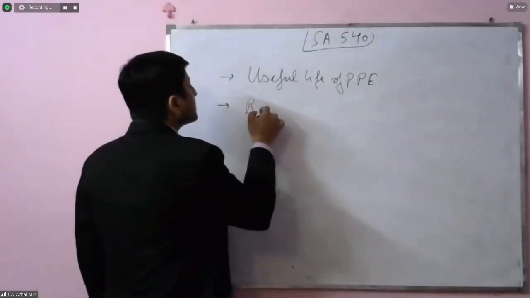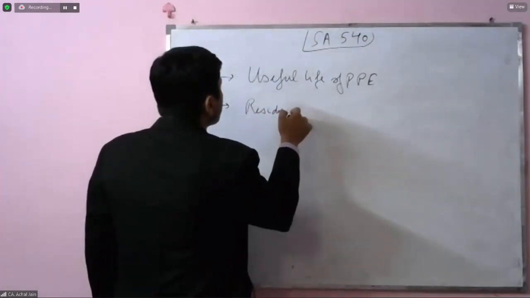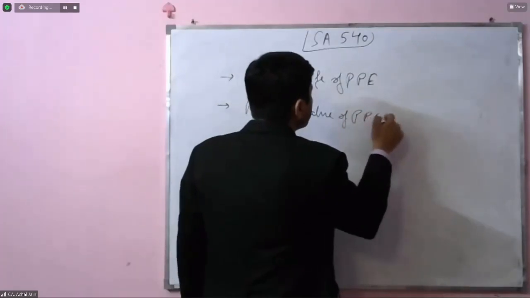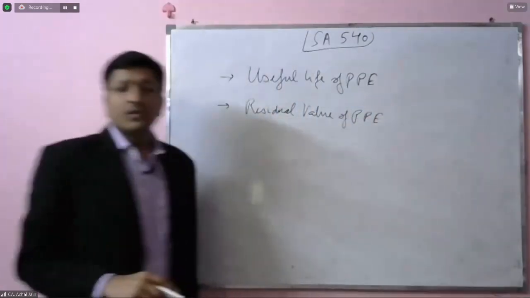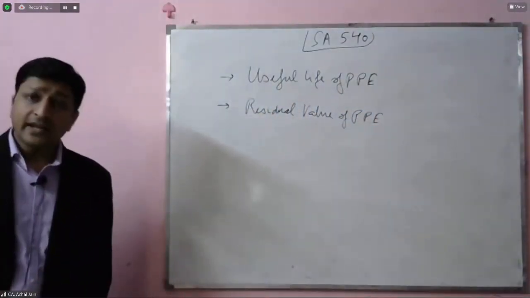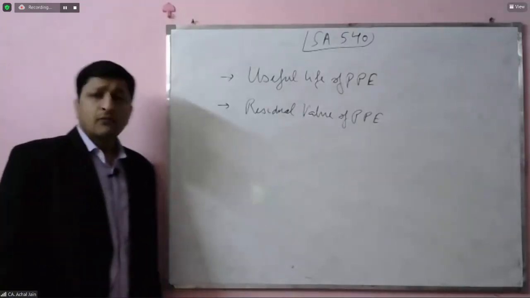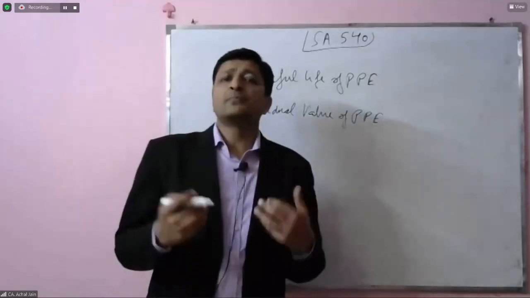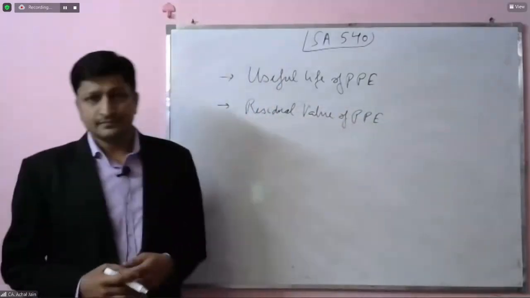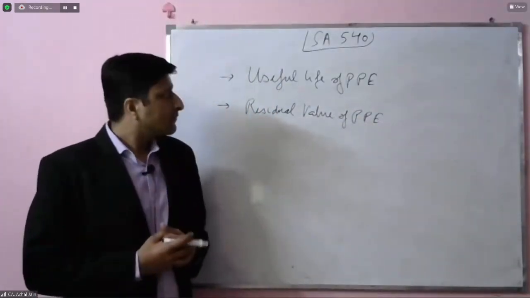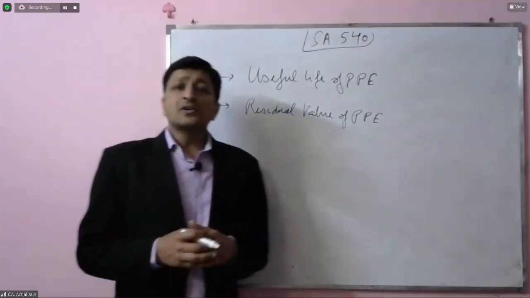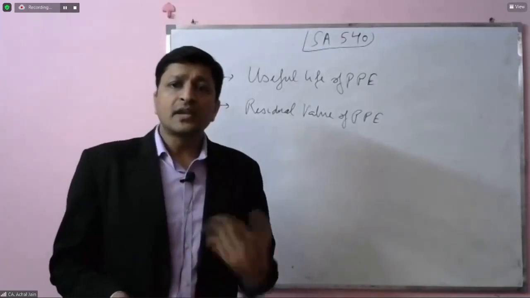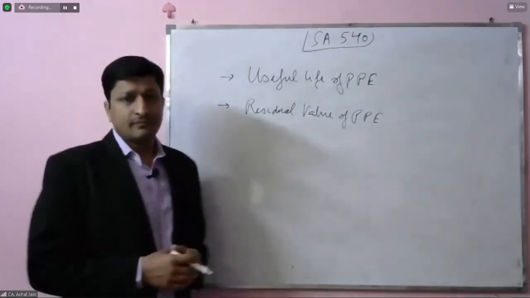Similarly, if we look at the residual value of PPE, what do we call it as? Again, it's an estimate. Why are these estimates? Because let's suppose we purchase a building, we cannot say with 100% accuracy what the life of this building is going to be.